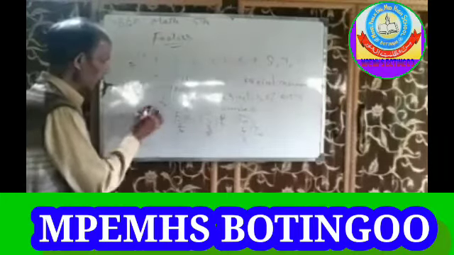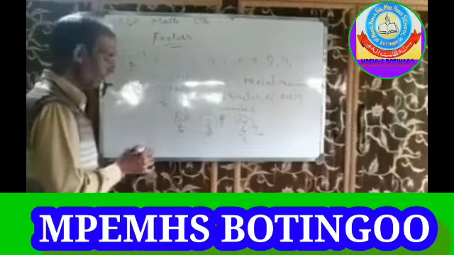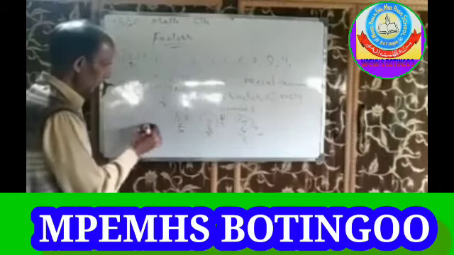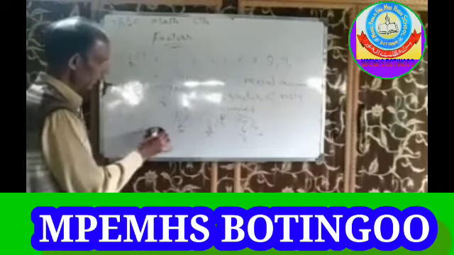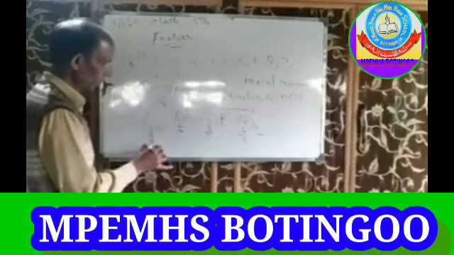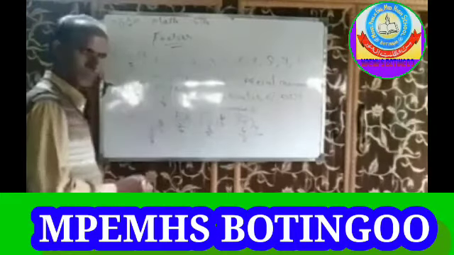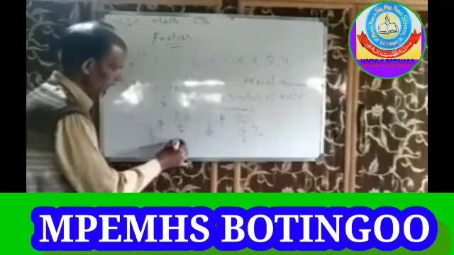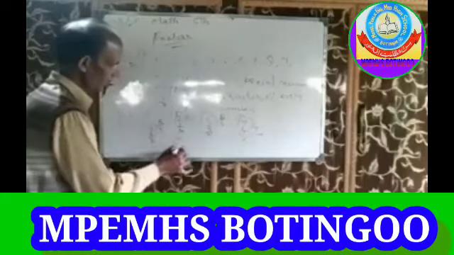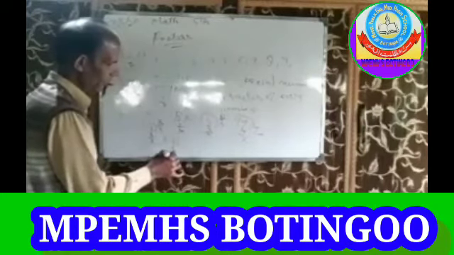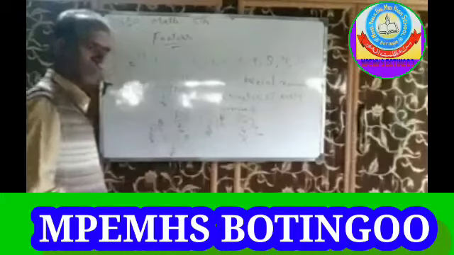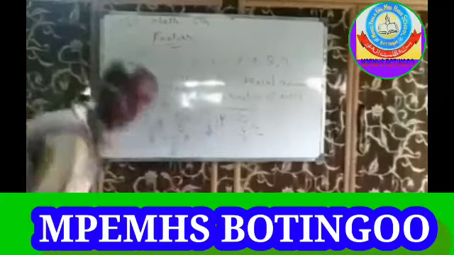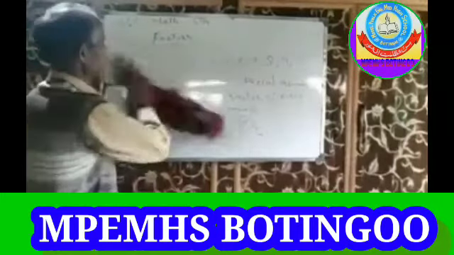After that, 3 also has two factors. If we divide 3 by 1, 1 threes are 3. The quotient is 3. If we divide 3 by 3, 3 ones are 3. The quotient is 1. It means 3 has only two factors.